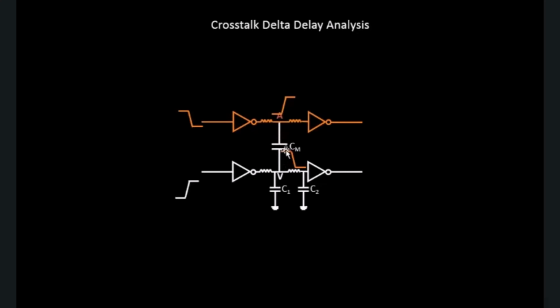The waveform you see on the victim net is supposed to be this, but because of the leakage of this bucket while it is switching, some charge fills up the nearby buckets also.